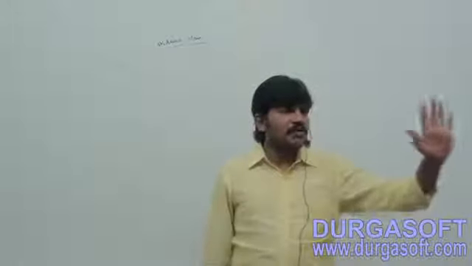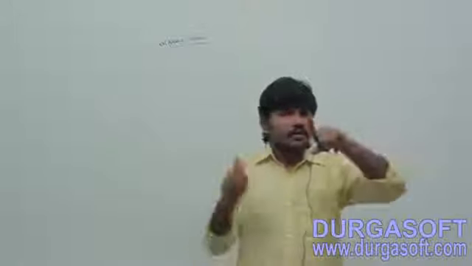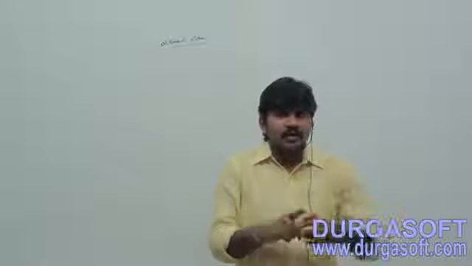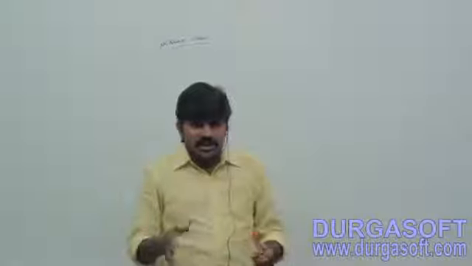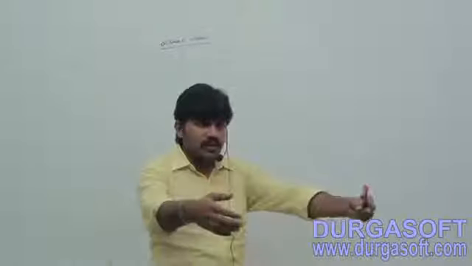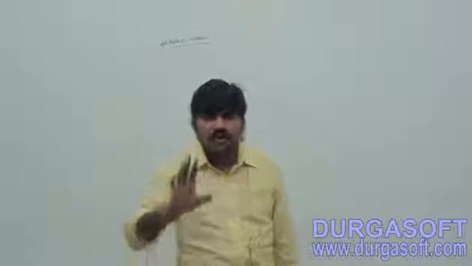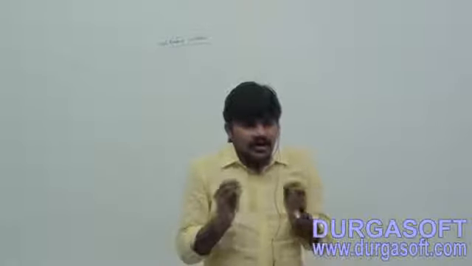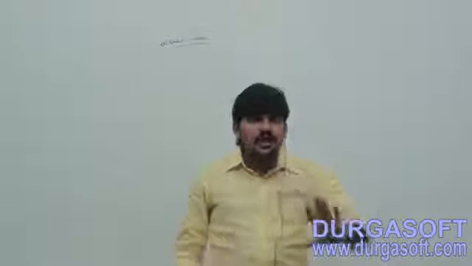If the partial implementation is available, is it possible to create an object? No, because if complete implementation is there, then we can create an object and call those methods. So for any class for which we don't want to create an object, we have to declare it as abstract.